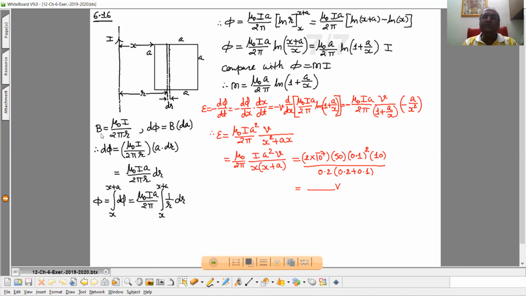magnetic field produced by long current carrying wire, that is mu 0 I upon 2 pi r, at a point which one is at perpendicular distance r from the wire. This we already studied in chapter number 4.